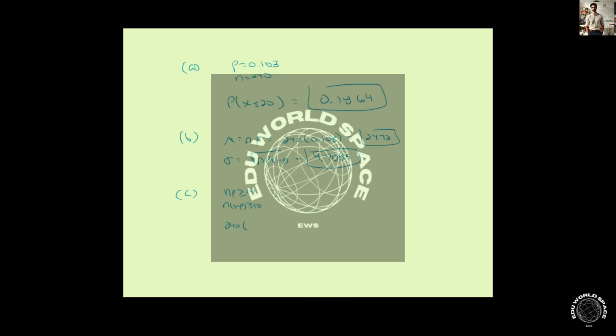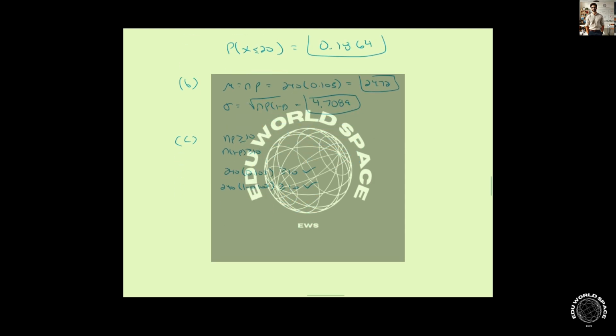Well, 240 times 0.103, which is 24.72, is greater than or equal to 10. And 240 times 1 minus 0.103 is also going to be greater than or equal to 10. So the normal approximation is reasonable.